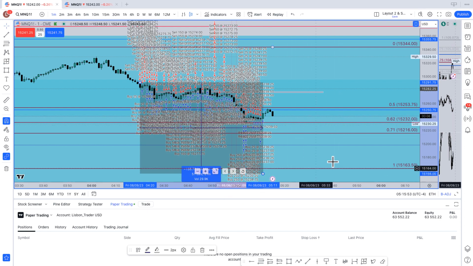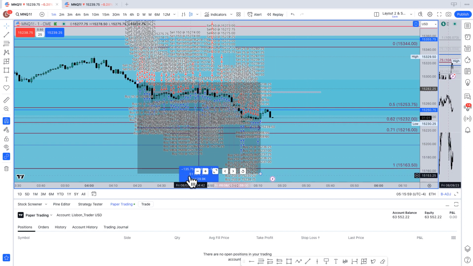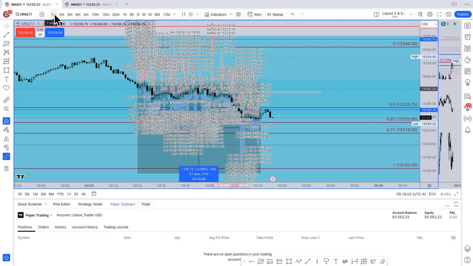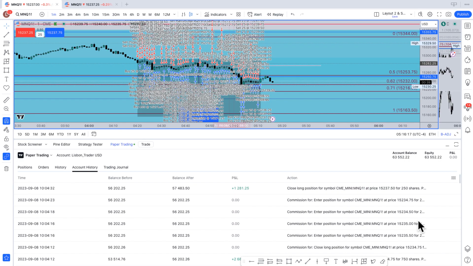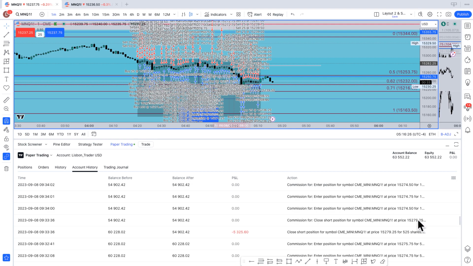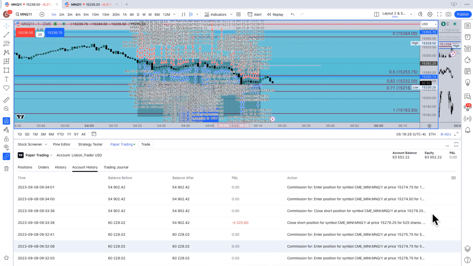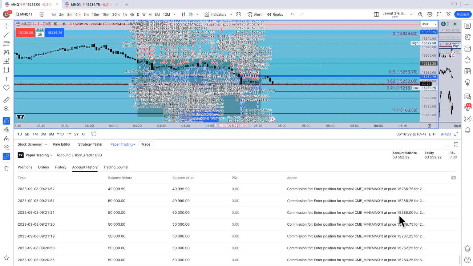So 51 minutes, which is equal to 51 1 minute bars. So 1 hour of trading for 13.5k. Starting balance with 50k. Let's go down here. It's easier because it's just a minute. It's just 1 hour.